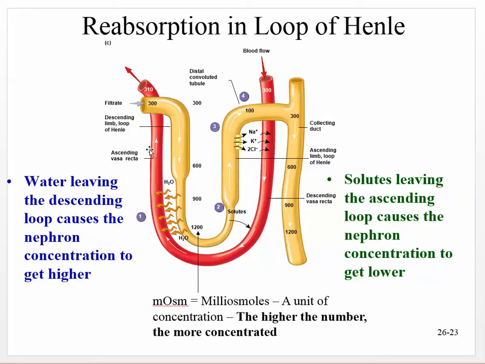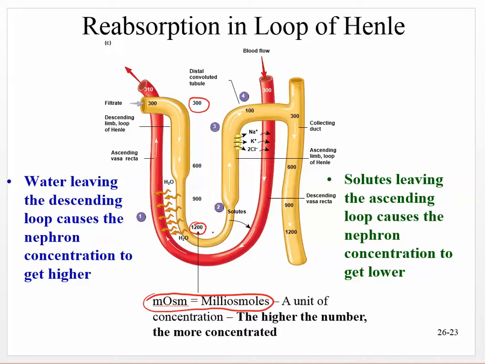All right, so this is kind of saying the same thing, except now we have numbers, and these numbers can be very helpful without even knowing what this is. It's milliosmoles. Sometimes we say milliosmoles per liter, which is milliosmolar, but whatever.